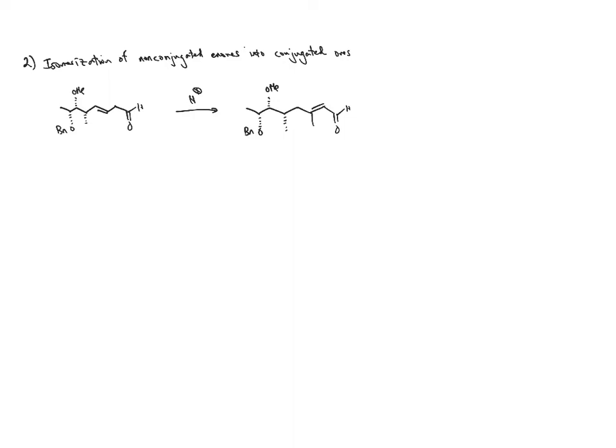Okay, so we started with a system in which the double bond and the carbonyl were non-conjugated. We call this a skipped alkene because we have an intermediate sp3 hybridized carbon. But in the product structure, we have a conjugated system. Okay, so how does this work? How do we do this?